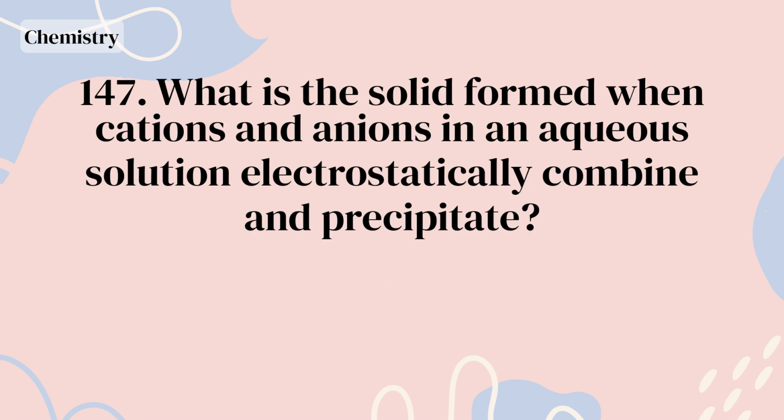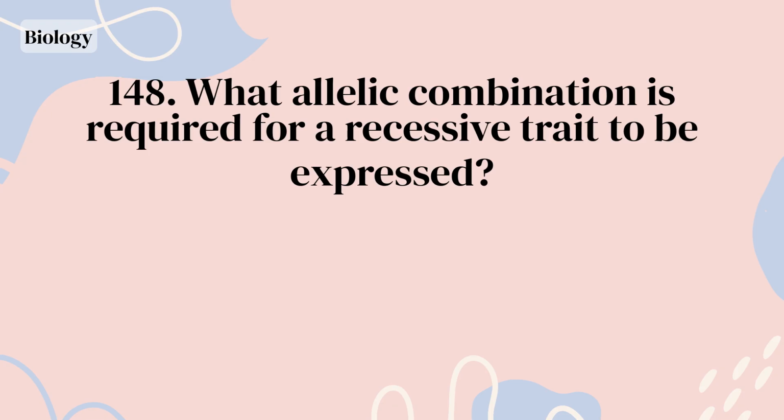Fjord. What is the solid formed when cations and anions in an aqueous solution electrostatically combine and precipitate? Precipitate. What allelic combination is required for a recessive trait to be expressed?